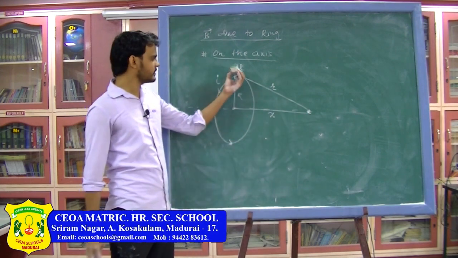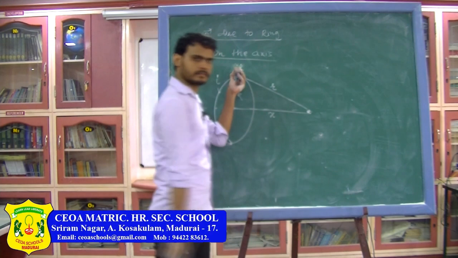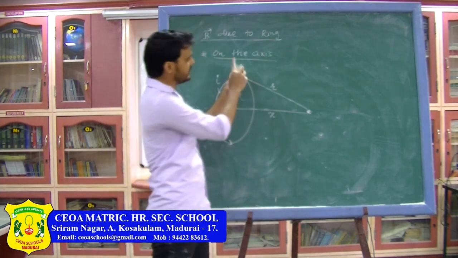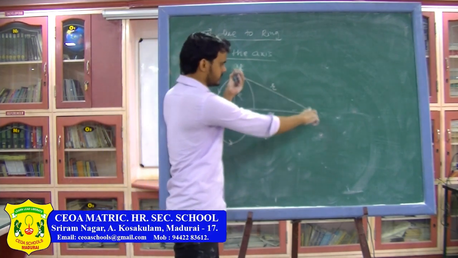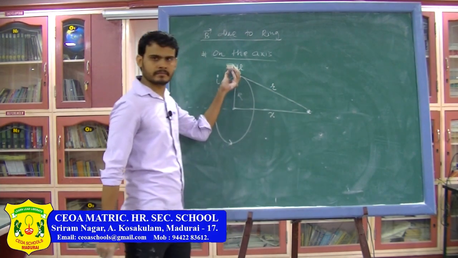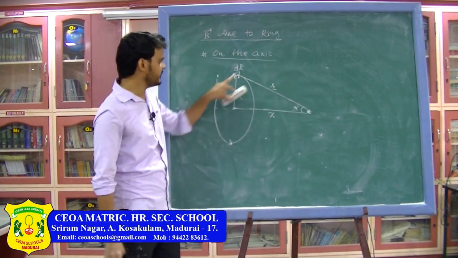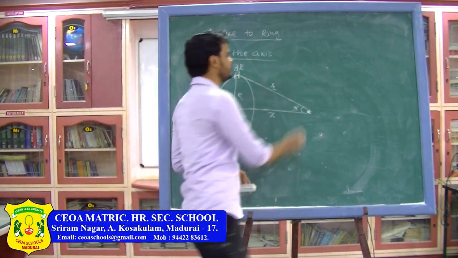This is the direction of dl and this is the direction of r. So you can see the angle between dl and r is 90 degrees, and I am assuming this angle is alpha.